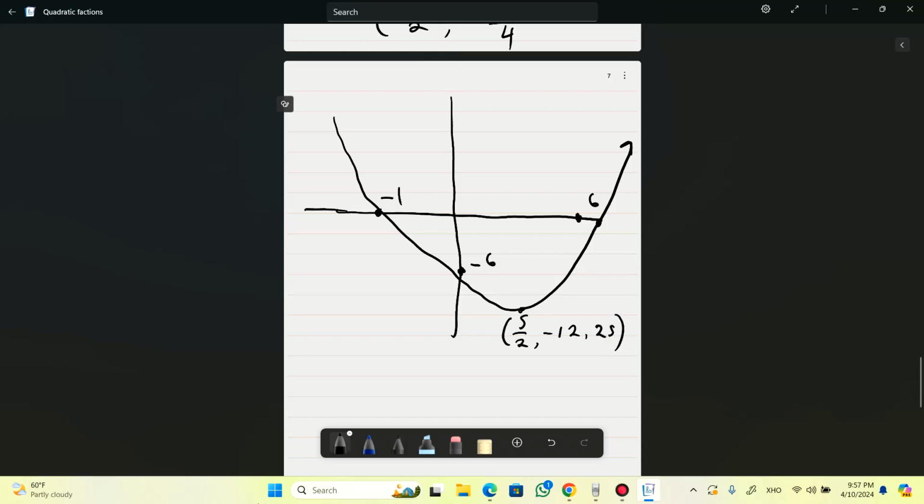Yeah, 25. So this is how you sketch the quadratic function. Make sure to include these arrows here to indicate the domain of the function, right?